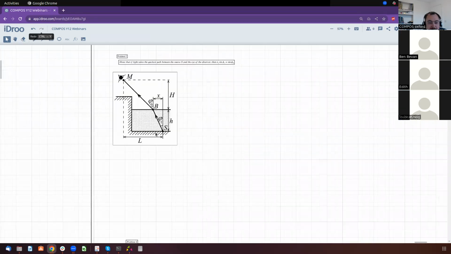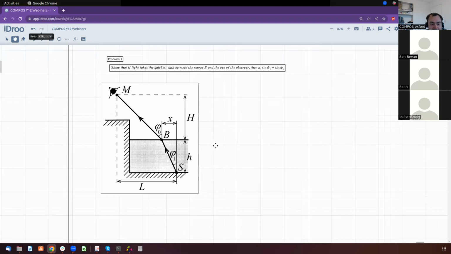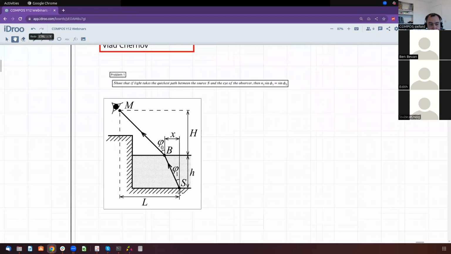Okay, so let's do some maths. We need to prove that the path taken by light from point S to point M. So point S is a light source. It's underwater. And M is your eye. And light takes the path SBM.